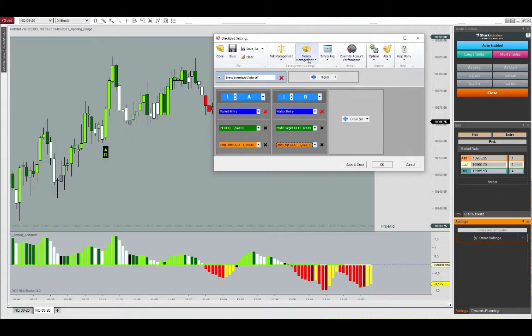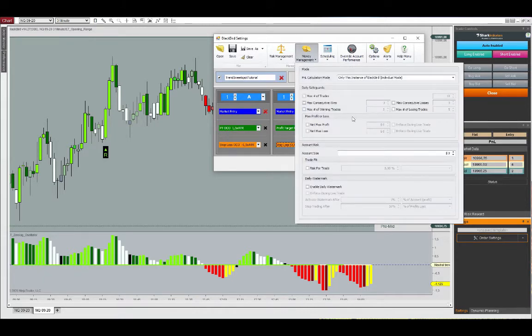You may also have a look at these money management options. You can limit the amount of trades per day. Say that you want to stop the strategy after you've had a couple of losses after one another. You can define the net max loss and profit. Also, this is a nice feature, the daily watermark.